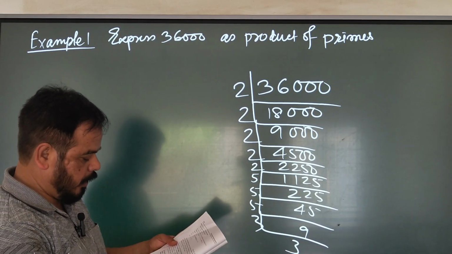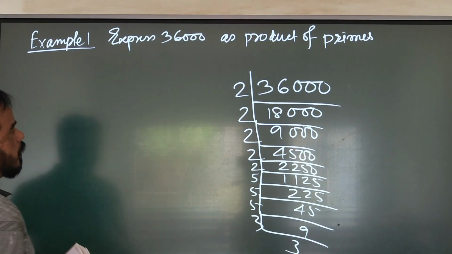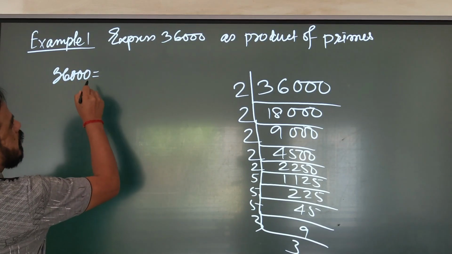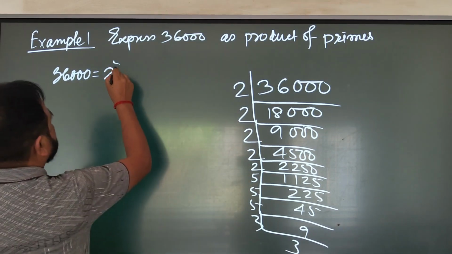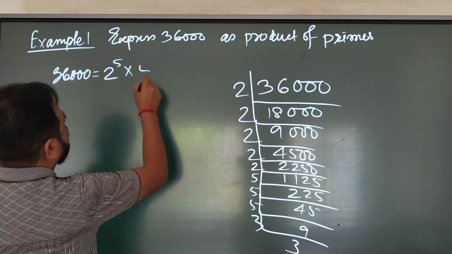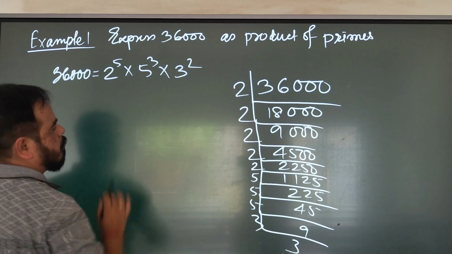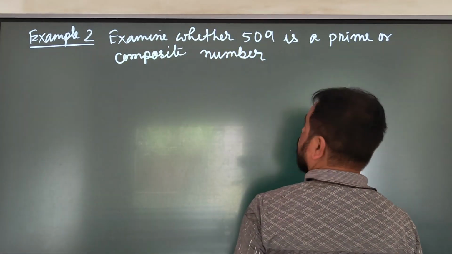Express 36,000 as a product of prime numbers. So we can write 36,000 is equal to 2 to the power 5 into 5 to the power 3 into 3 square. So these are all prime numbers. So this is very simple. There is nothing to understand here.